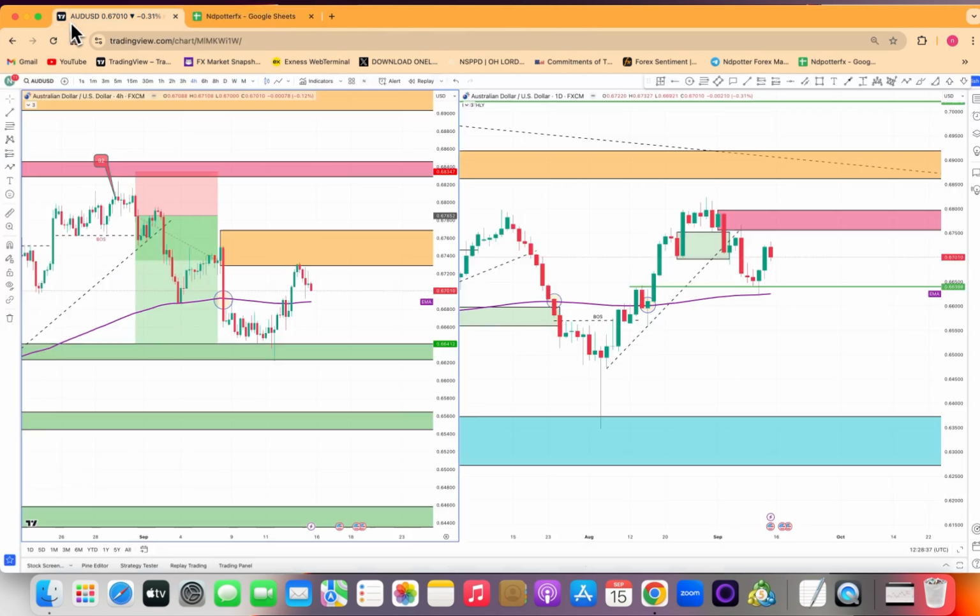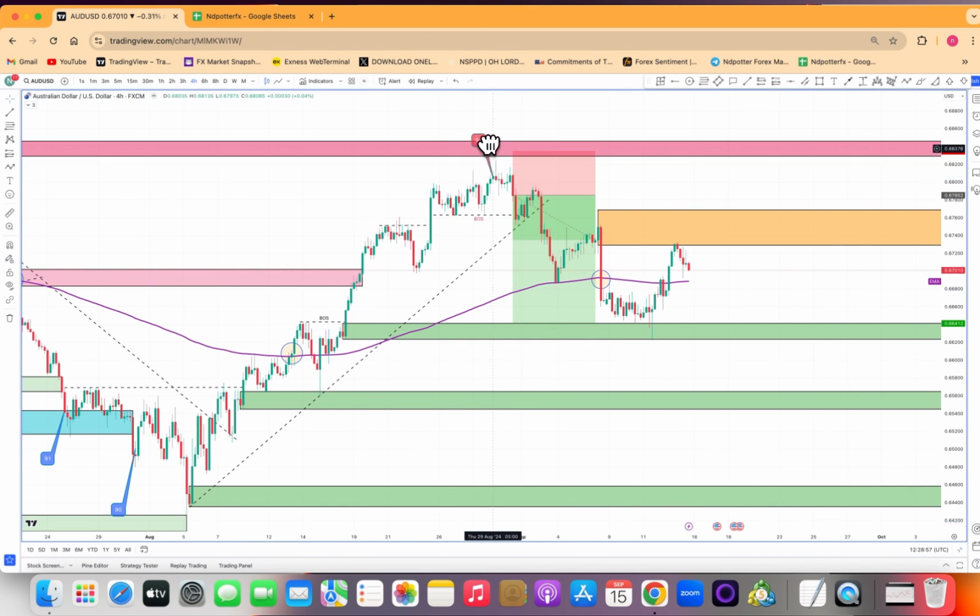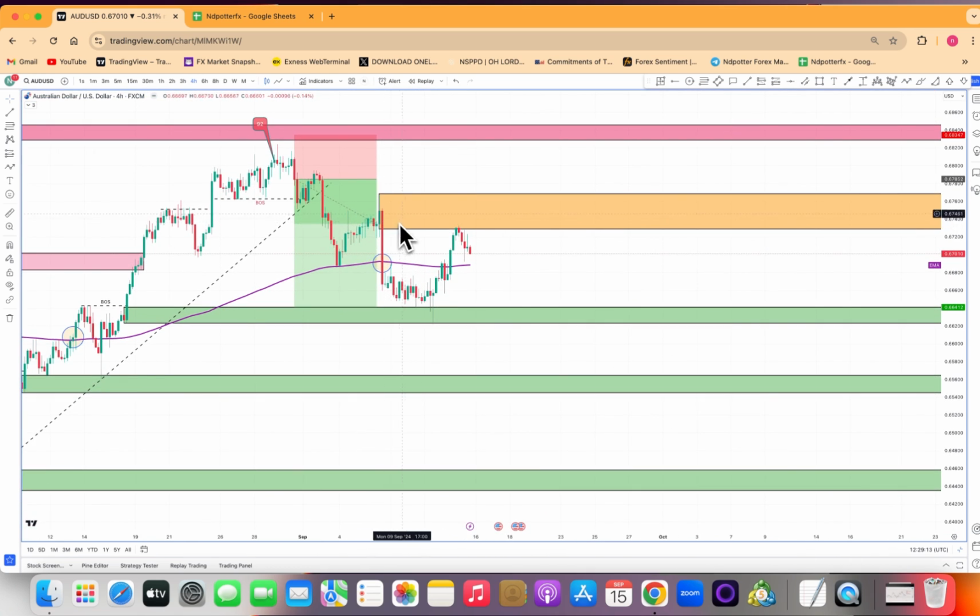If you look at the charts here, I called out this trade recently on the Telegram group and on Twitter as well. The market dropped. After this drop, this is where I took profits. You can check the Telegram group to see it. So I took my profits here, and we are having this rally now, and we are contacting a new supply area.